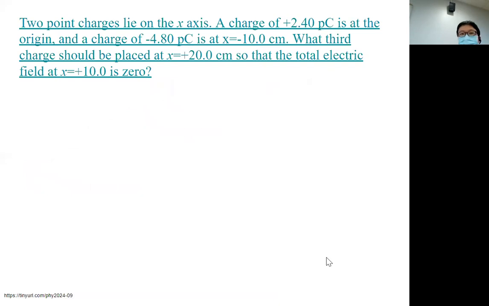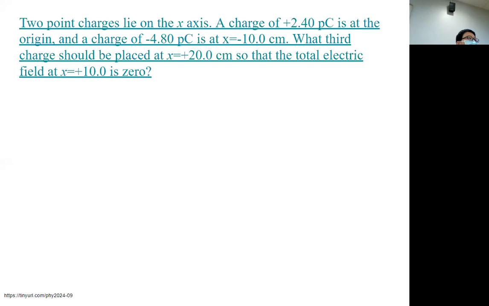All right, let's take a look at one example here. This one says two point charges lie on the x-axis. A charge of positive 2.40 picocoulomb, where p stands for 10 to the negative 12, is at the origin, and a charge of minus 4.80 picocoulomb is at x equal to minus 10 centimeters.